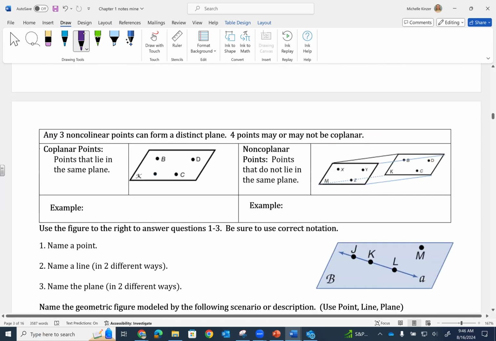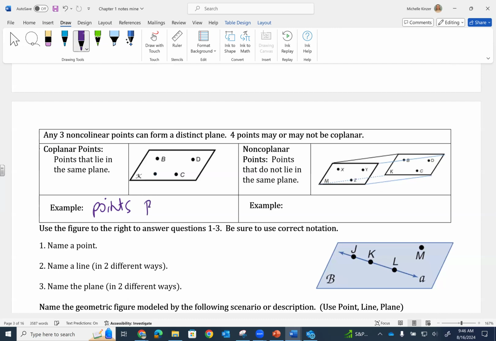Now coplanar, if they're on the same plane. So the truth is this, if I take any 3 points, I can form a plane between them. If you want to talk about coplanar, you would say points, any 3 points. But if points B, C, and D, yes, those are all on the same plane.